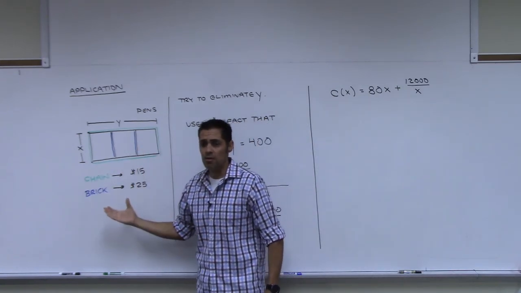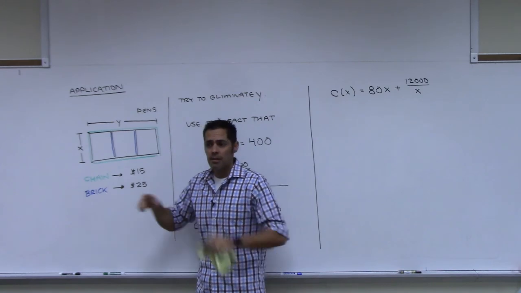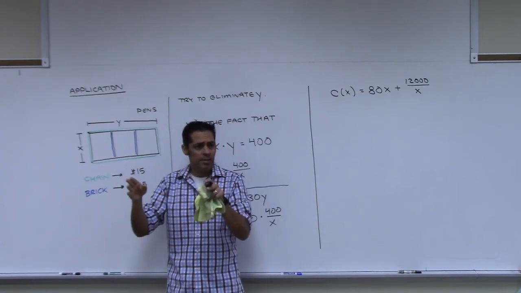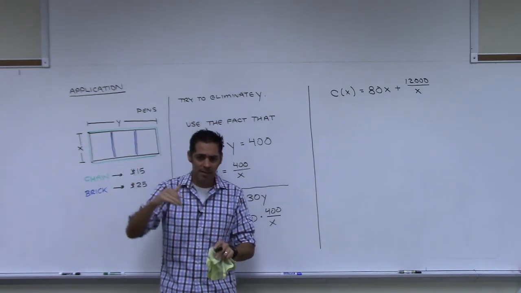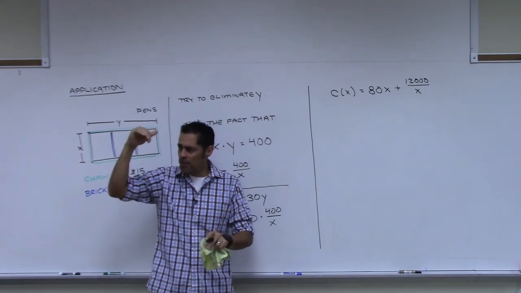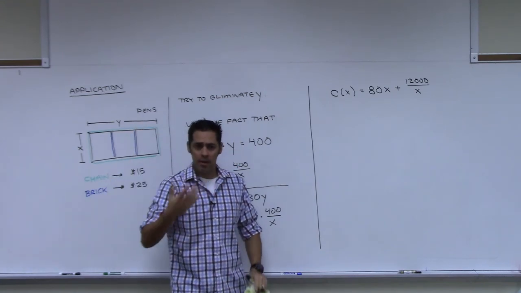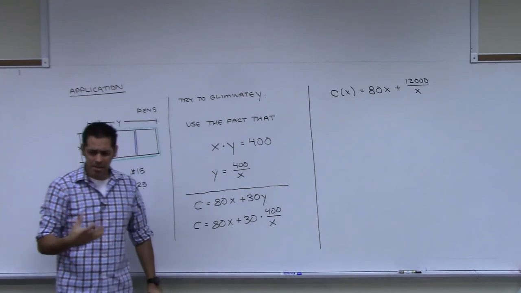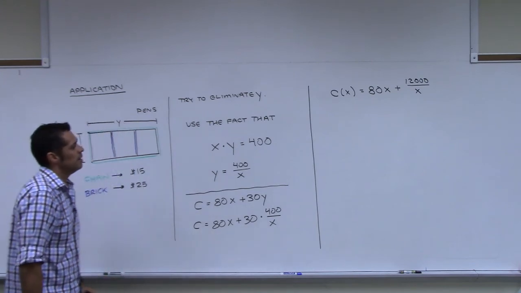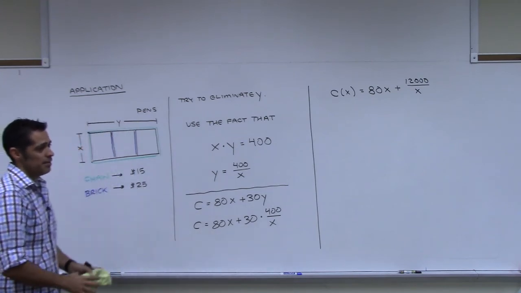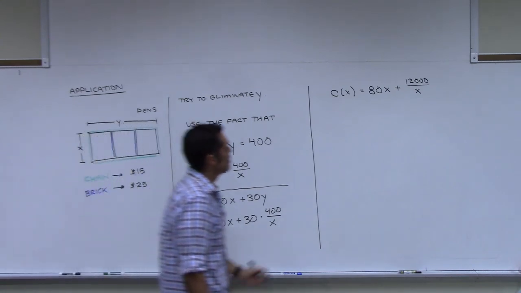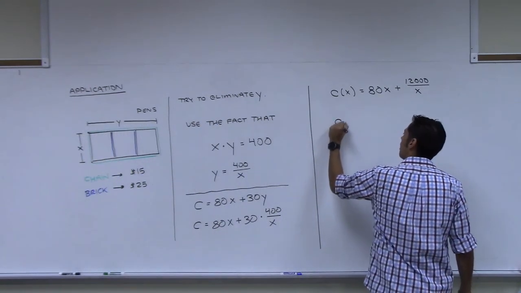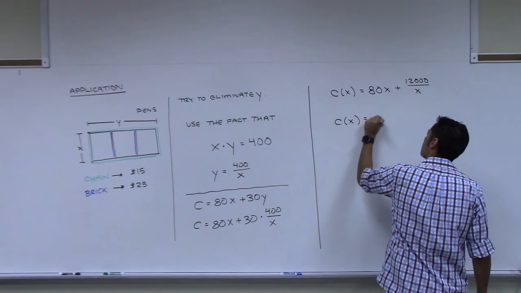You set it equal to 0. Number line, test points, and what we're looking for is down then up. If we can find a place where we go down then up, then we will have found a local minimum. Understand this? Okay. All right, now we need to take the derivative of this. So before I take the derivative, let me rewrite it so that it looks a little nicer.